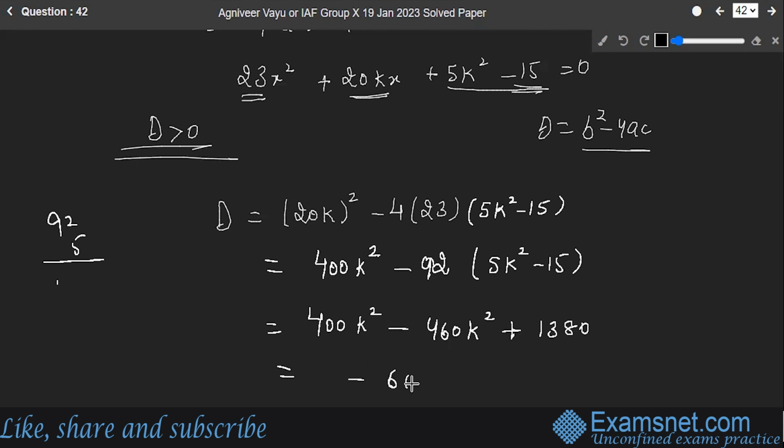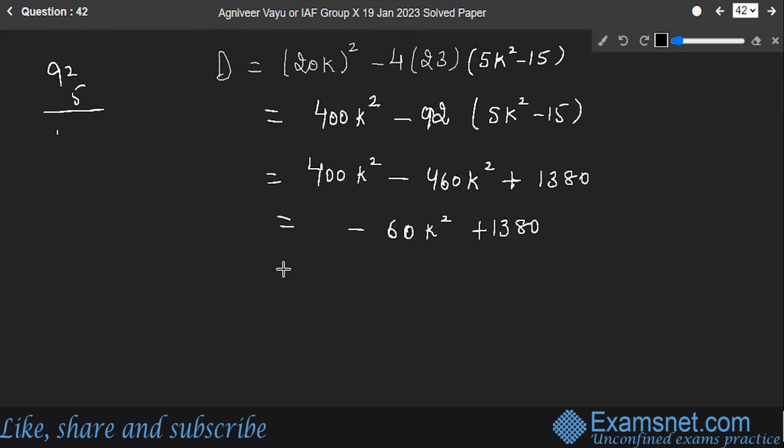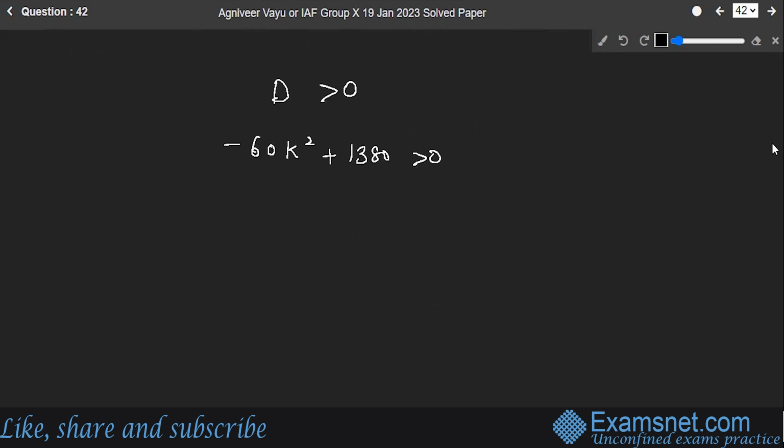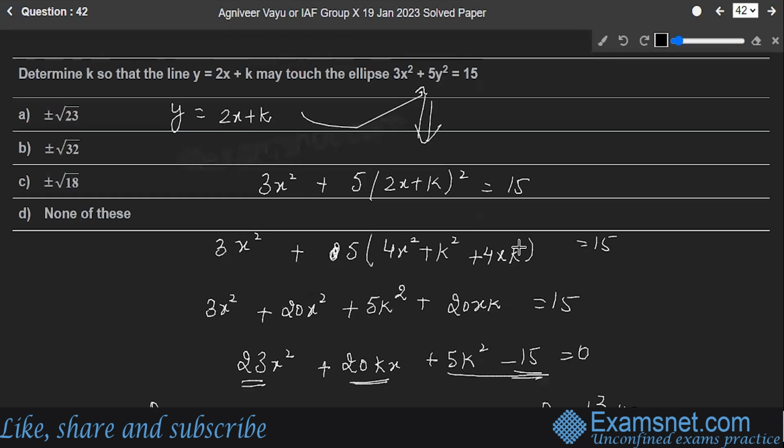So this is equal to minus 60k squared plus 1380. Now, if they are touching, then the discriminant should be greater than or equal to 0, which means minus 60k squared plus 1380 should be greater than or equal to 0, which simply means that 1380 should be greater than or equal to 60k squared, or k should lie between plus minus root of 23. Right. So this is the value of k.